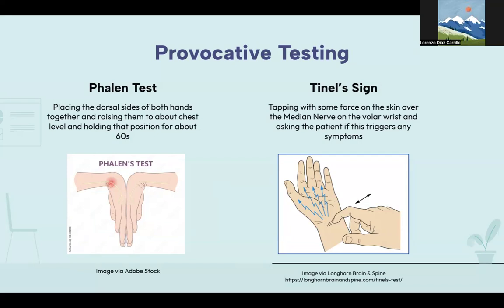So light taps over the area can trigger these sensory signals specifically. It's pretty interesting, but you don't have to exert too much pressure. When I have done it, I've used two fingers just tapping over the sign, and they've described it as like those little lightning bolts, like the image shows, going through that median nerve distribution.